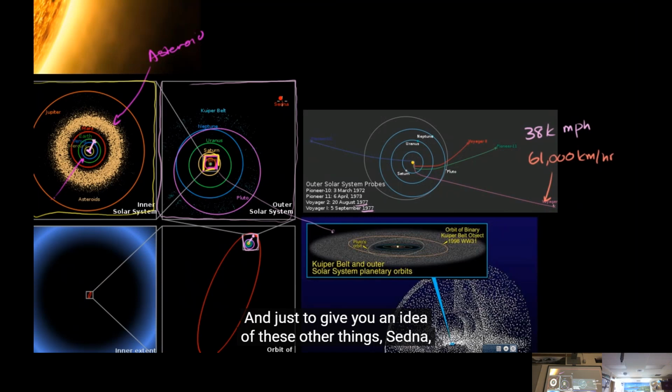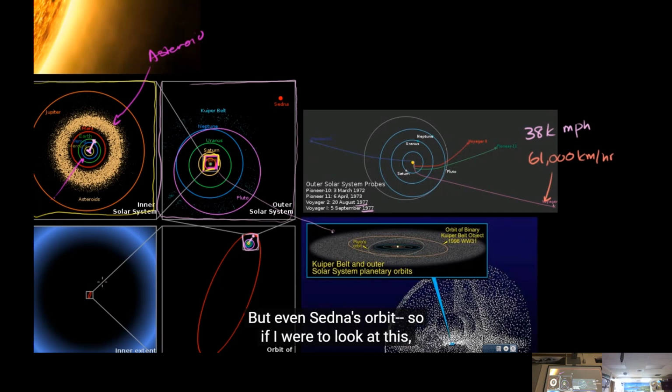And just to give you an idea of these other things, Sedna right here is a reasonably large outer solar system object. It's one of the furthest objects that we know of in the solar system, and it has this very eccentric orbit. So it gets, I don't want to say relatively close, but not unreasonably far away, and then it gets really far away from the sun.